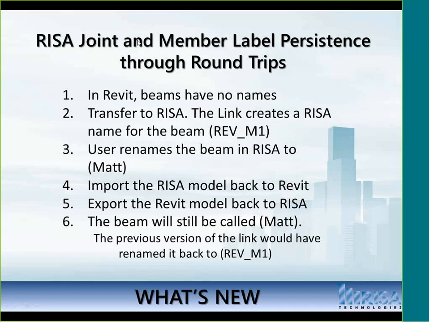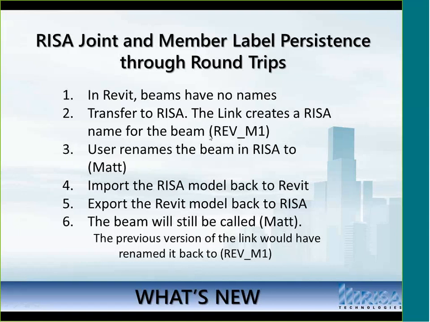We've also added joint and member label persistence. And so what this essentially means is that when I start off in Revit and come into RISA, on that initial import to RISA, we make a name for everything. Now, the default prefix for everything is this REV underscore, so that tells you that came from Revit.